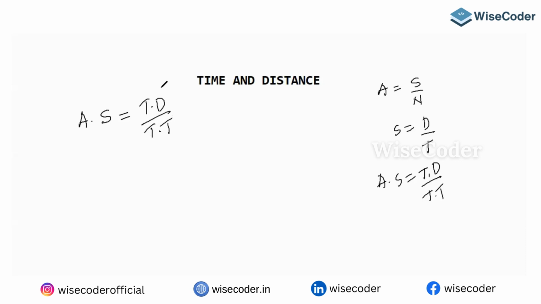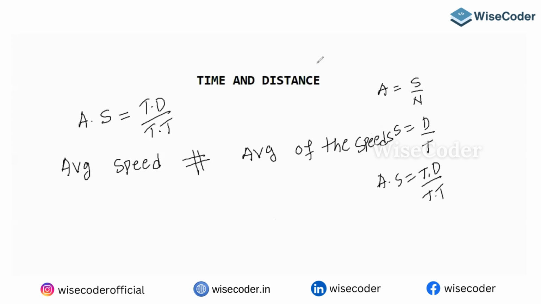Please write down a note: the average speed of a moving body is not equal to the average of the speeds. That point you have to understand.